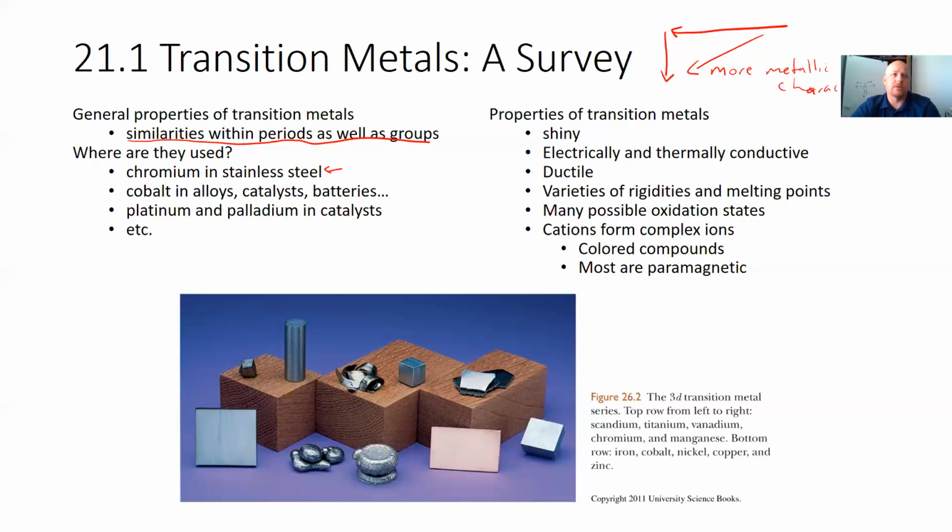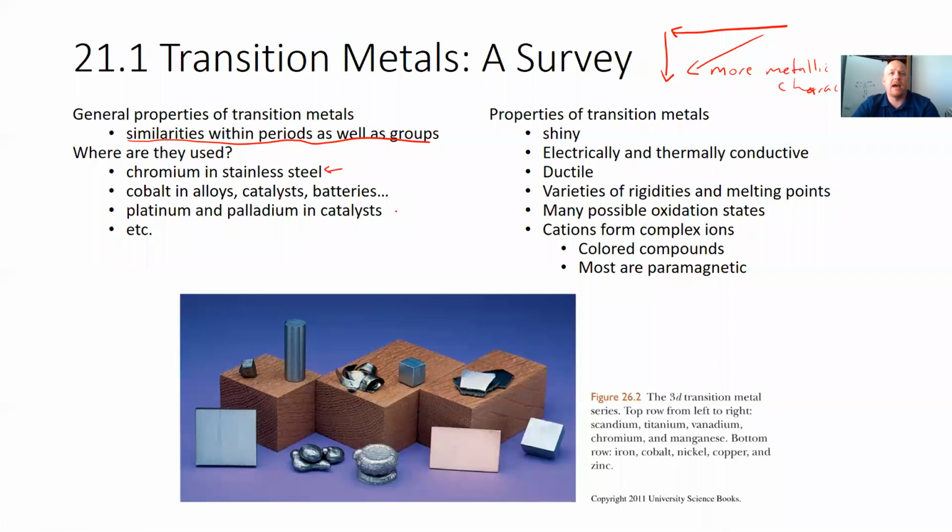Alloys are formed from things like iron and chromium or iron and vanadium, and a variety of other mixtures that have been engineered to stop the iron from oxidizing and forming rust. Chromium is one of the common ones involved in the production of stainless steel. There are cobalt alloys, and cobalt is used in catalysts and batteries. Platinum and palladium are catalysts in particular.